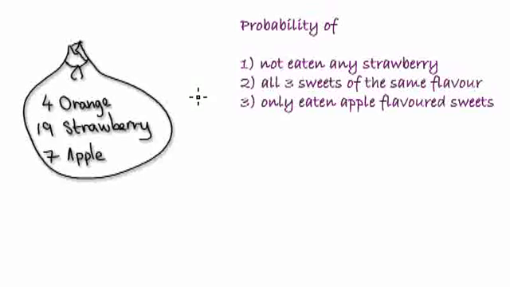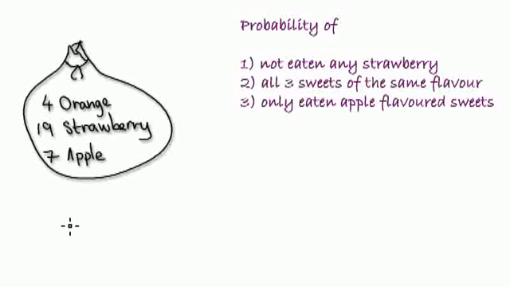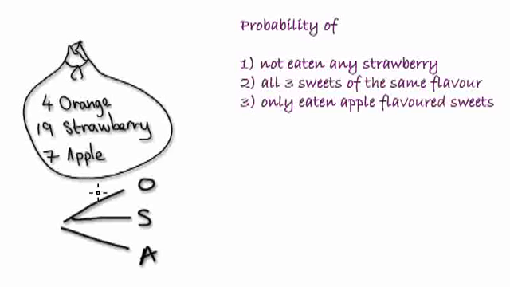Okay, so the second one, same flavor. Let's just draw a rough map so that we get a general idea of what's going on. We need the probability of orange, orange, orange. Orange here, strawberry, apple here.